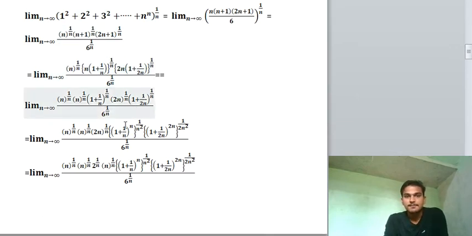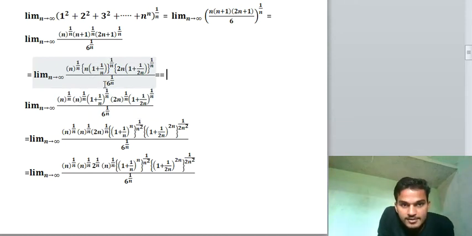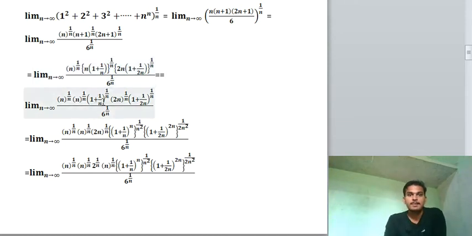So in the next step this is n to the power 1 by n, and this is n to the power 1 by n into (1 plus 1 by n) to the power 1 by n.